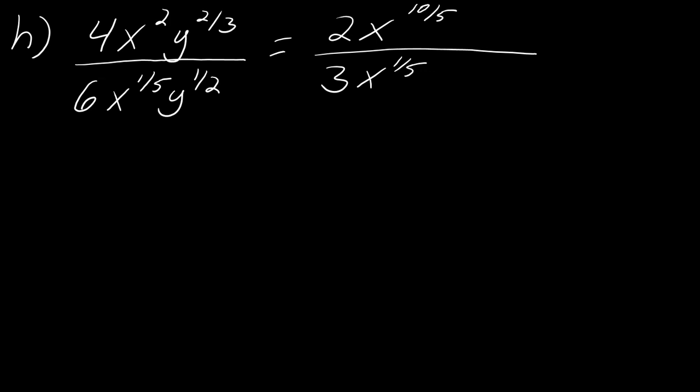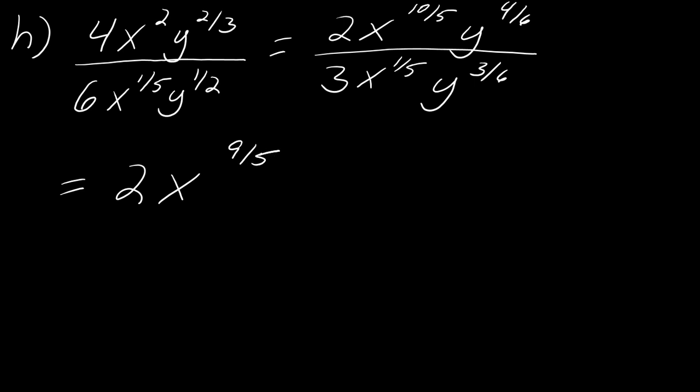And then for y to the 2/3 versus y to the 1/2, this requires a common denominator of 6. So I will rewrite this y to the 2/3 as y to the 4/6, and this y to the 1/2 will become y to the 3/6. And now that I can see all of this detail, I can more easily figure out what I need to do. So this will be 2x to the 9 over 5, y to the 1 over 6, all of this over 3.